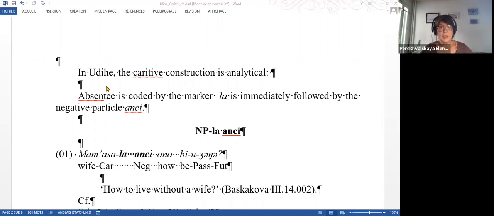Yes, so the caritive construction is very typical for any Tungus language. Absence is coded by the marker la, immediately followed by the particle anchi.